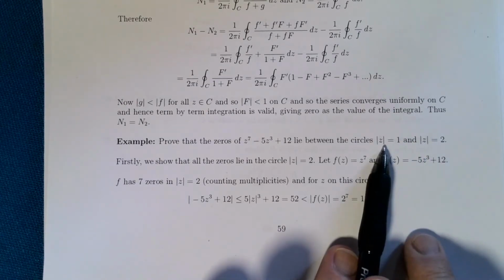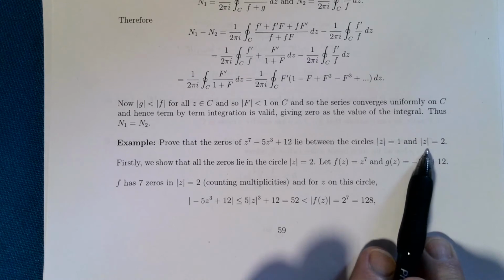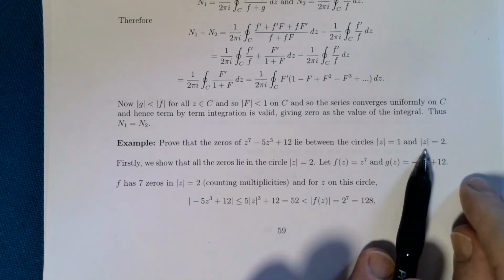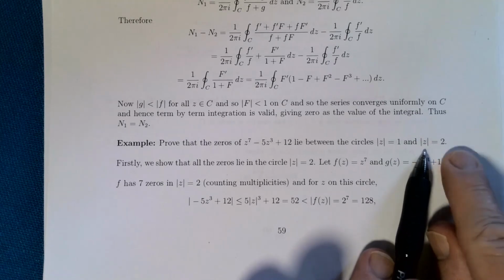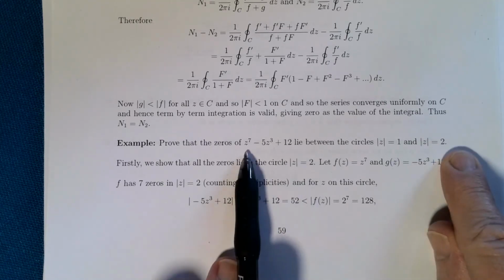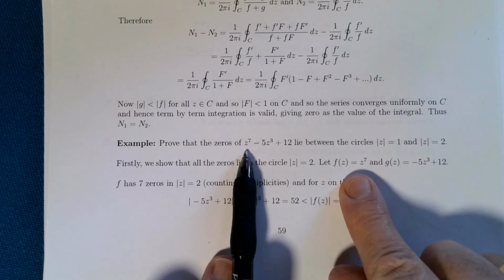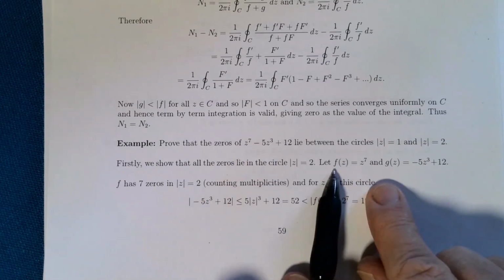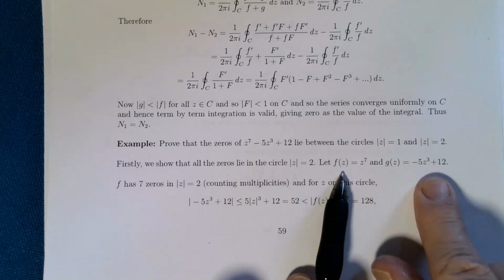Now what you do with this, firstly I want to show that they all lie inside the big circle, mod z is 2. So if I want to show they all lie inside this one, then I need to get something that I can easily write down has 7 zeros, and obviously that's z to the 7. So I'm going to take my f of z to be z to the 7, because I can easily see how many zeros there are inside mod z is 2, and then g of z is what's left.